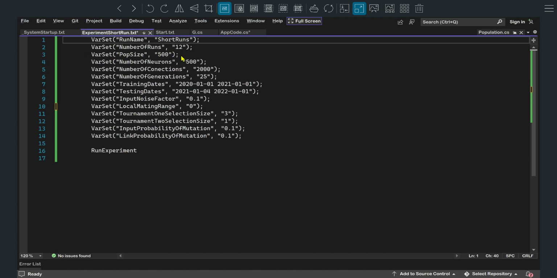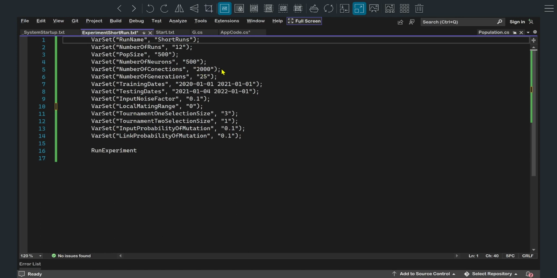The population size is 500. The number of neurons in each neural network is 500. Well, potential neurons. The way the topology of the neural net is set up, not all the neurons might be used, but that's the number that could be used. The same with the number of connections.